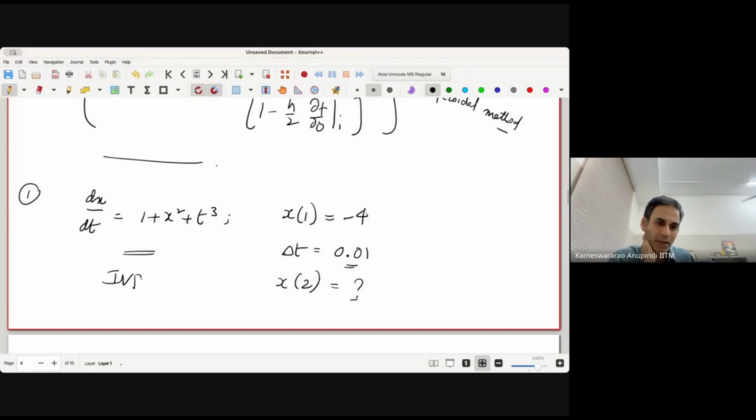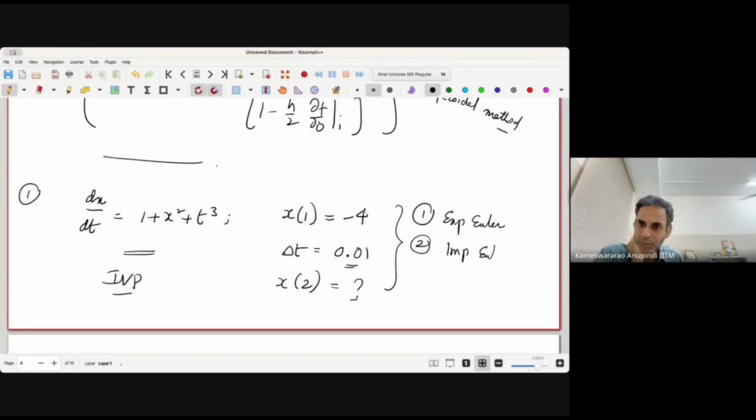Basically, this is the initial value problem we are given, and then we are asked to evaluate it using the explicit Euler method, implicit Euler, the Taylor series method, and then the trapezoidal method.